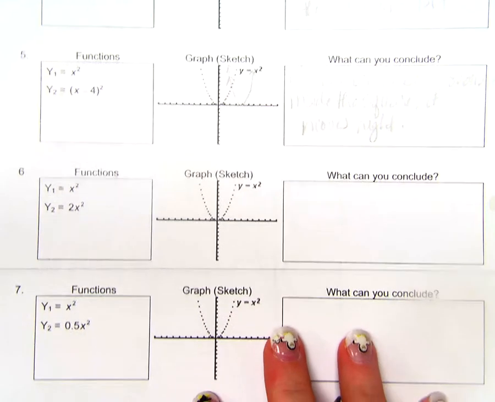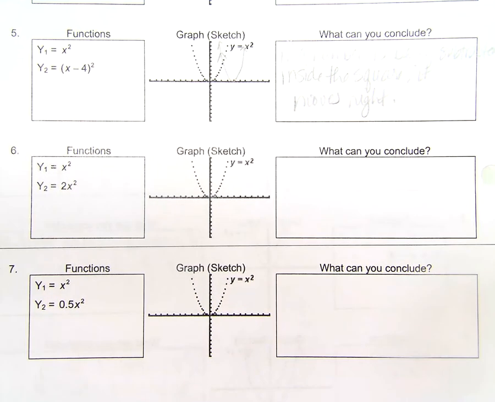Okay, so what about 6? What's a prediction? It gets bigger. It gets smaller. I heard both of those. Okay, let's go check it out.